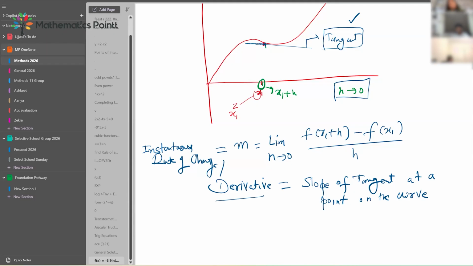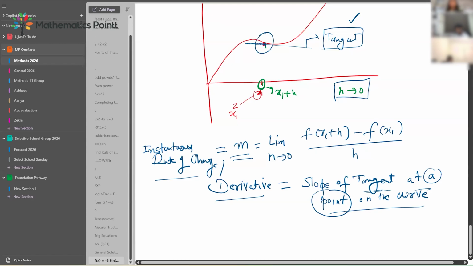So, derivative, also called the instantaneous rate of change, is also called the slope of the tangent at a point on the curve. At a point. Naked eye, 1 point. But technically, there's still 2. Because it looks like it's one point, I say slope at a point on the curve. This is nothing but the derivative.